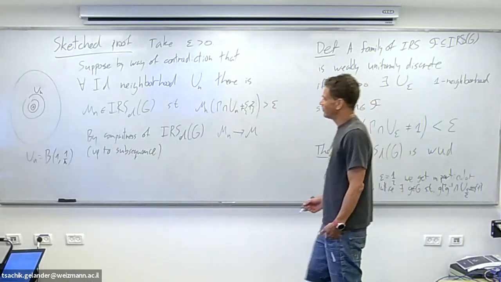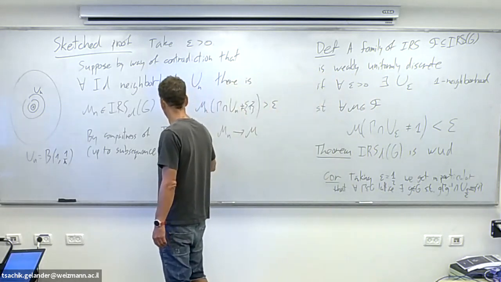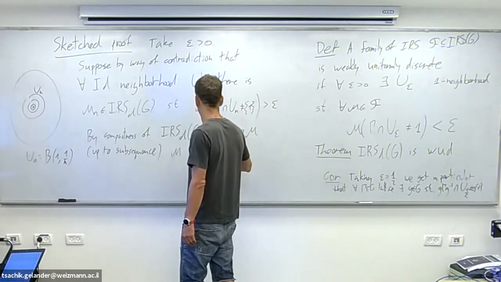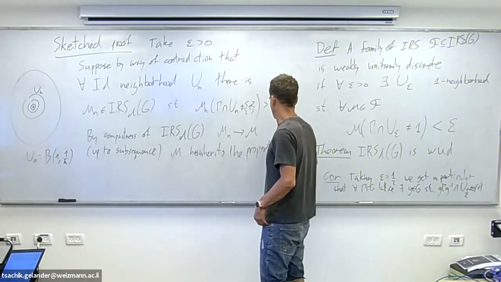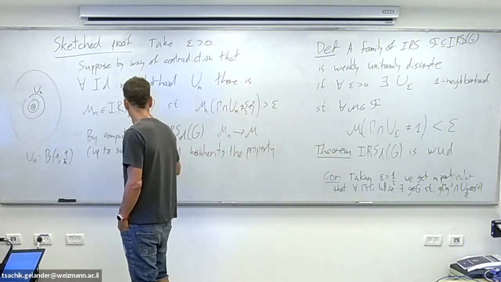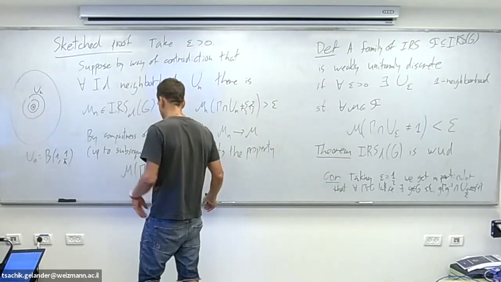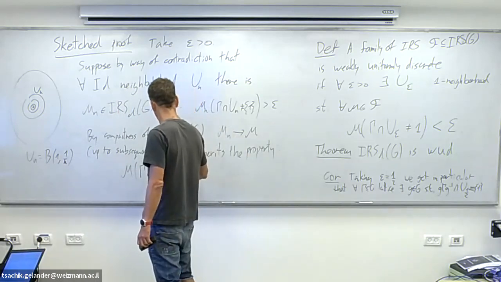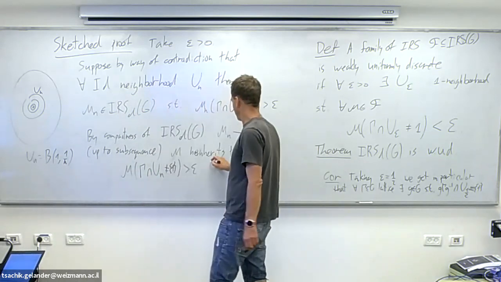Now, if you think about it, mu inherits the property that mu of gamma intersection U_n non-trivial is positive for every n.